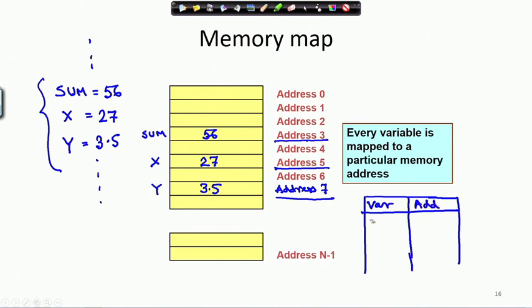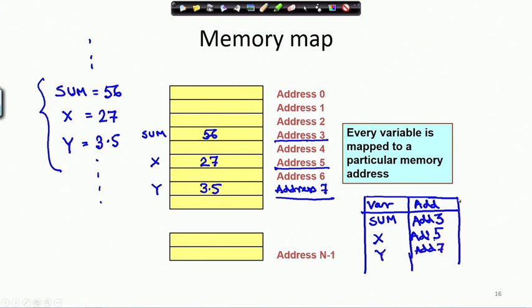So, some table of that sort is prepared, sum is address 3, x is address 5, and y is address 7.